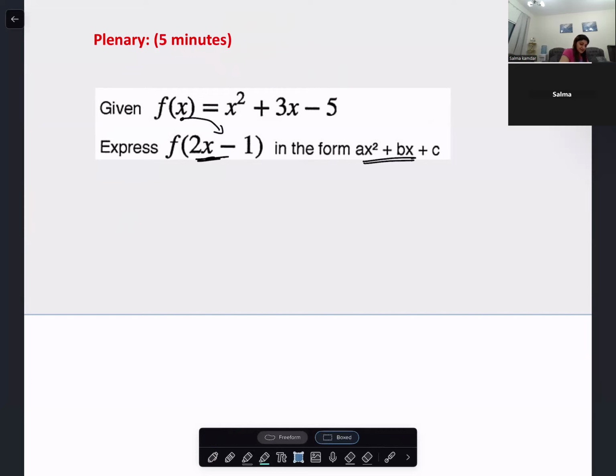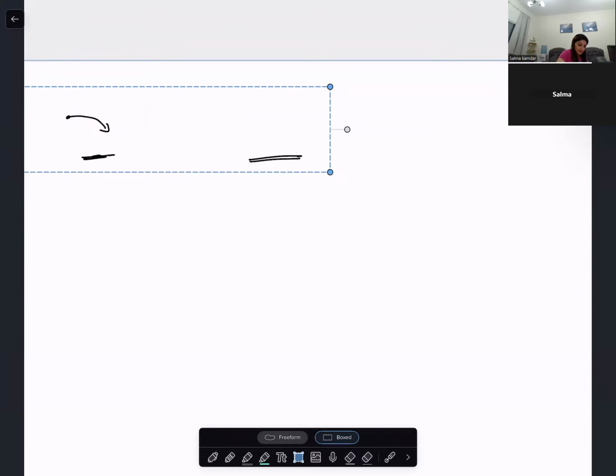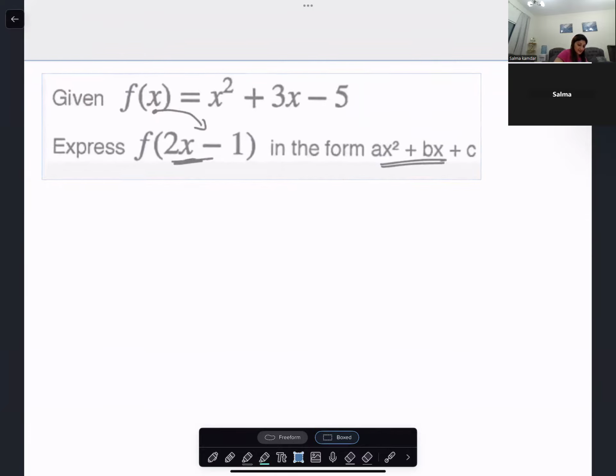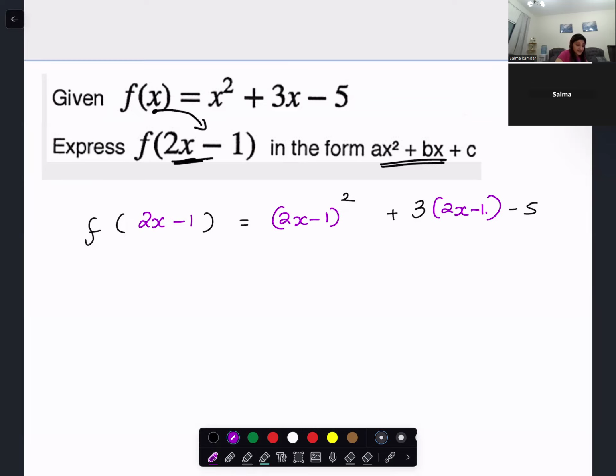So I will replace all my x with 2x minus 1. So f of 2x minus 1 will be 2x minus 1 the whole square plus 3 times 2x minus 1 minus 5. And I have to express this in the form of ax square plus bx plus c.